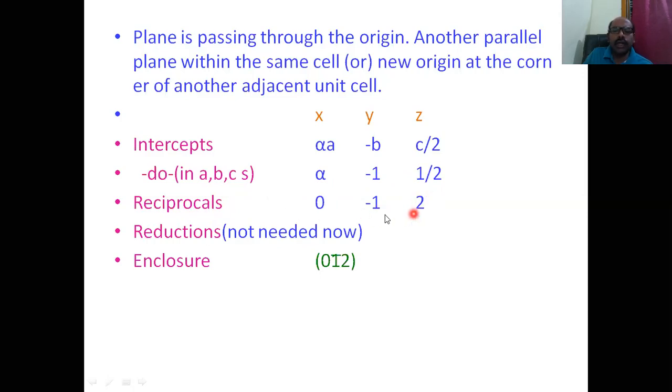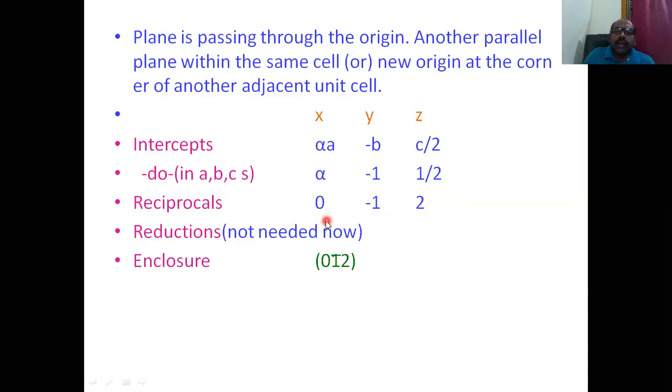So now we have the reciprocals. Here they are directly in integer form. Sometimes they may not be integers, or may be in fractional form, in which case we have to reduce the fractions. In this case, that is not needed, so these are in lowest integers.